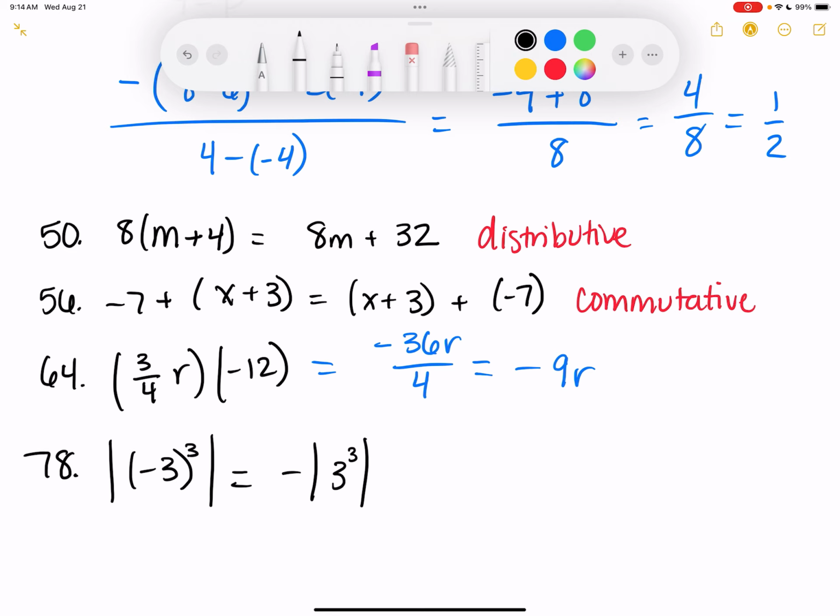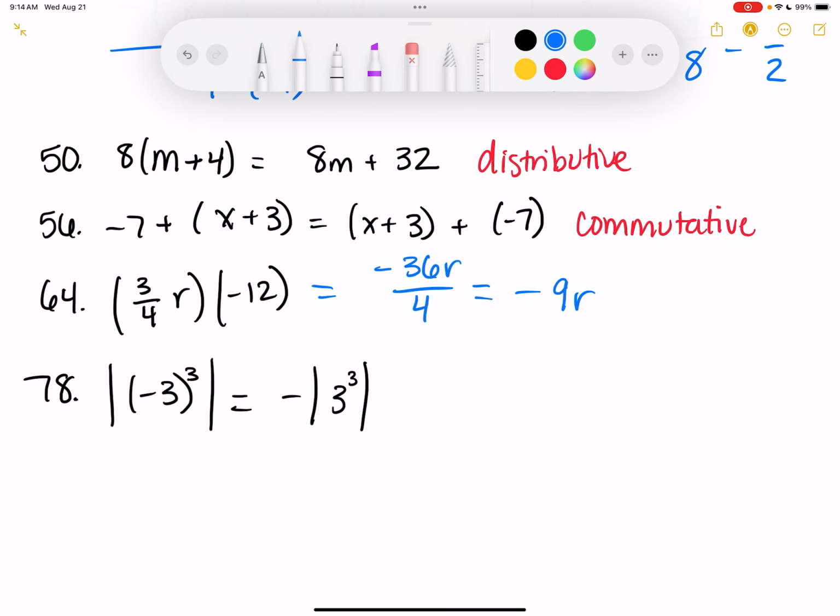False. Why? Because the absolute value makes the negative flip. Yeah, absolute value makes the negatives go away. It makes everything positive. So what we would have to do to make this a true statement would be to move this negative sign inside, and then it would become positive. So this is false.